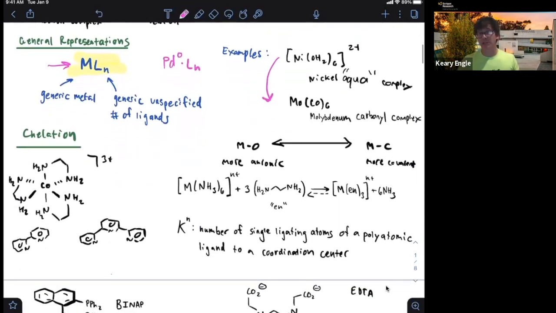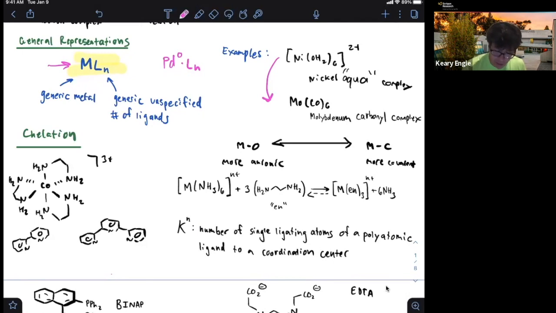So some general representations that we'll use throughout the class and that you'll see when you read literature in this field. When people are talking about a generic coordination complex or organometallic complex, they'll use this representation of M and then Ln, the n representing an unspecified number of ligands, and the L specifying that the ligand identity is also unclear.